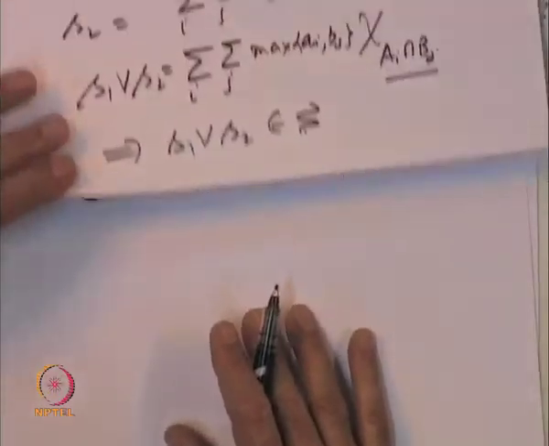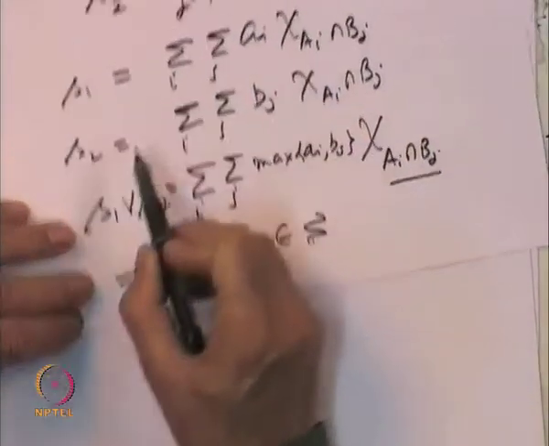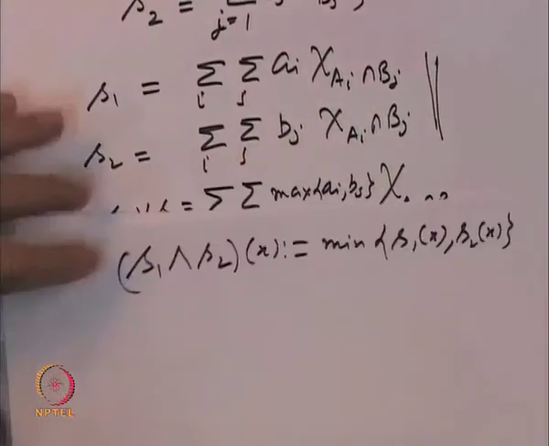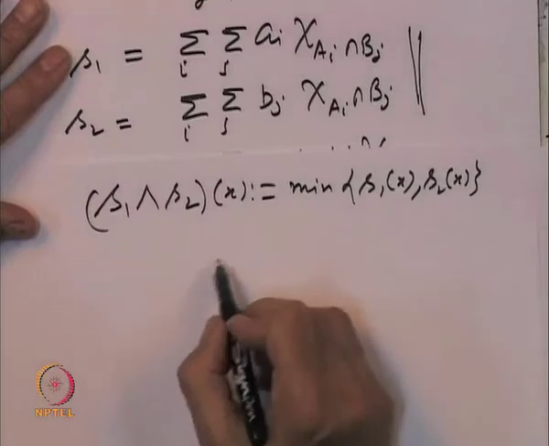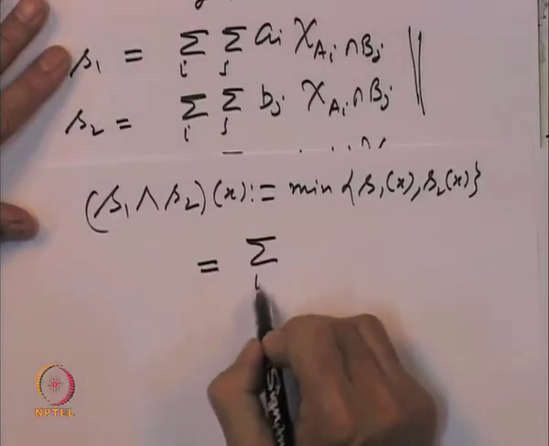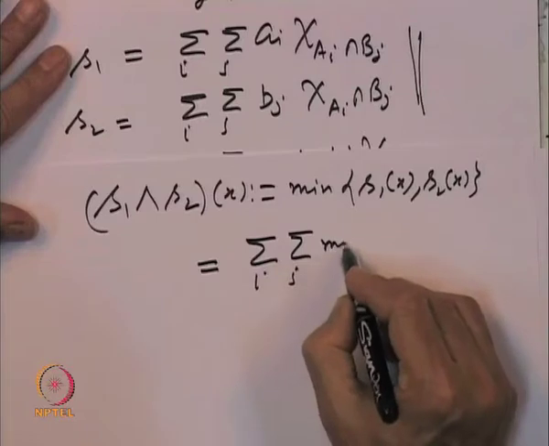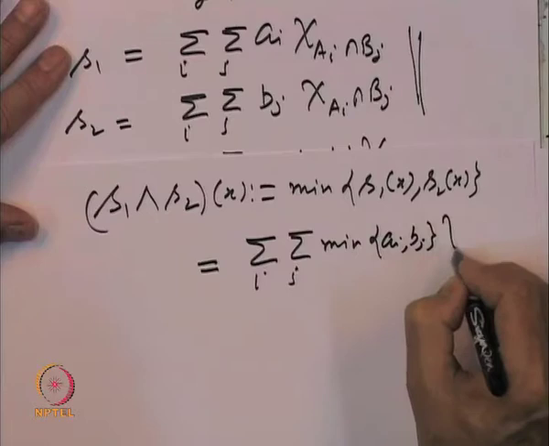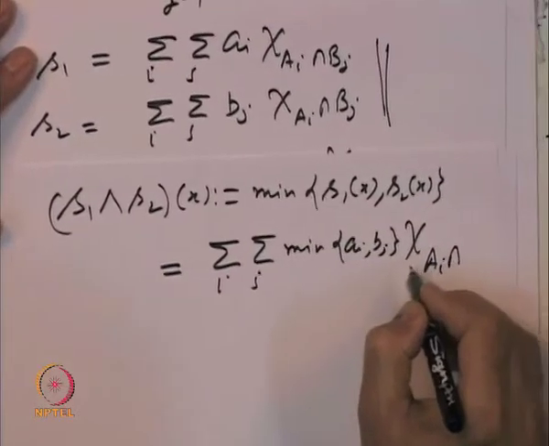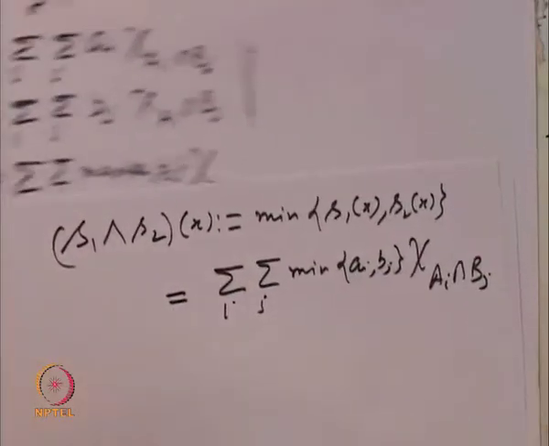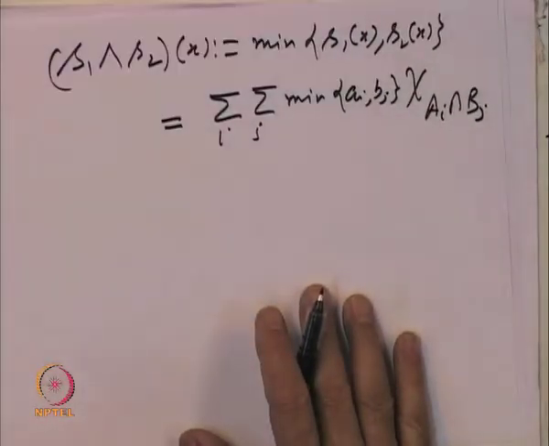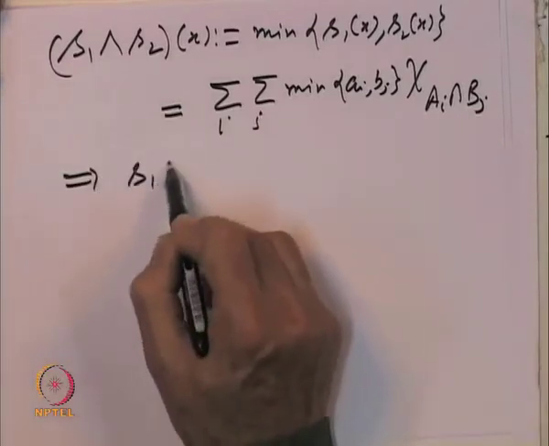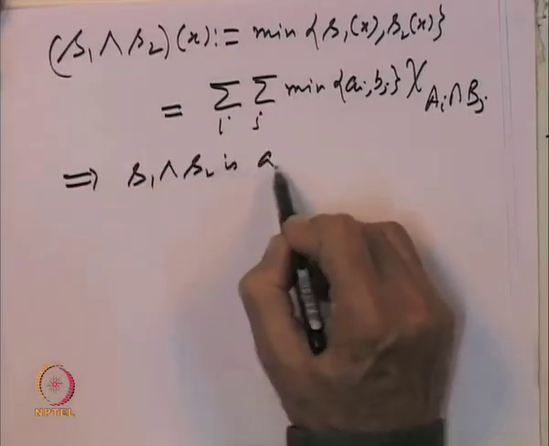So, once again, if S_1 is defined as this and S_2 is defined as this, then what is S_1 wedge S_2? This can be written simply as sigma over i, sigma over j, minimum of a_i b_j, indicator function of a_i intersection b_j. So, once we write it that way, it becomes clear that the minimum also is, so this implies that S_1 wedge S_2 is a measurable function.